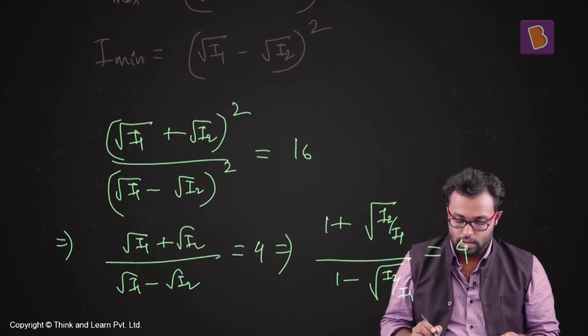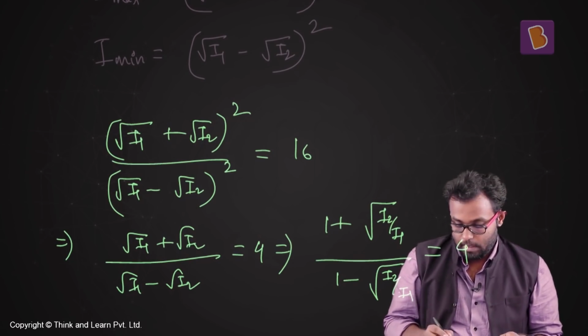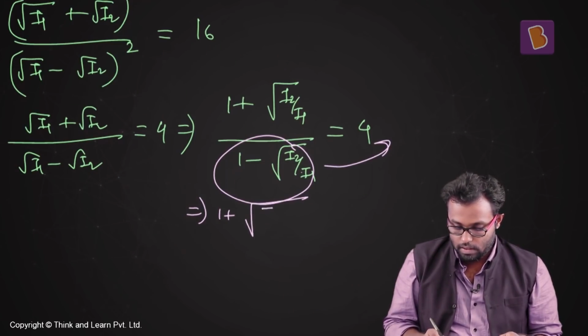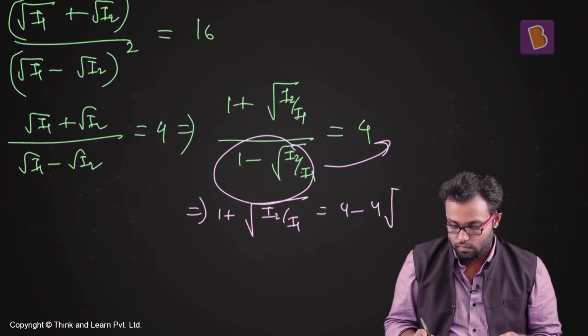Okay. Now what I can do here is I can take this whole thing to the other side and I can write 1 plus root over I2 by I1 is equal to 4 minus 4 times root over I2 by I1.